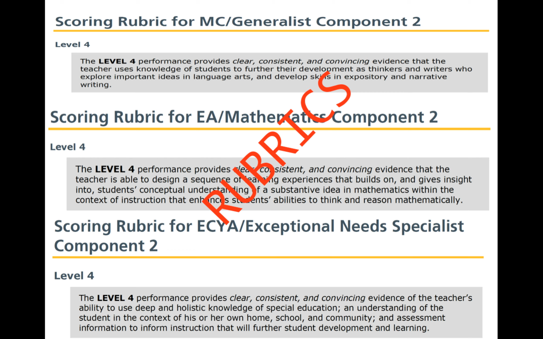So again, let me slow it down just a little bit before we proceed. Everyone needs to know, before we go any further, what vehicle your component is asking you to use in order to demonstrate how you differentiate for your students. It is on pages 1 and 2 of your component instructions under what do I need to do.